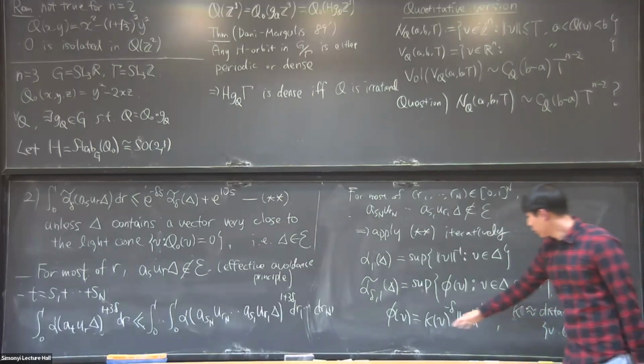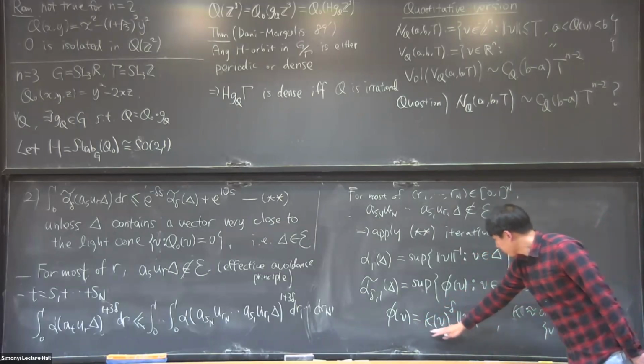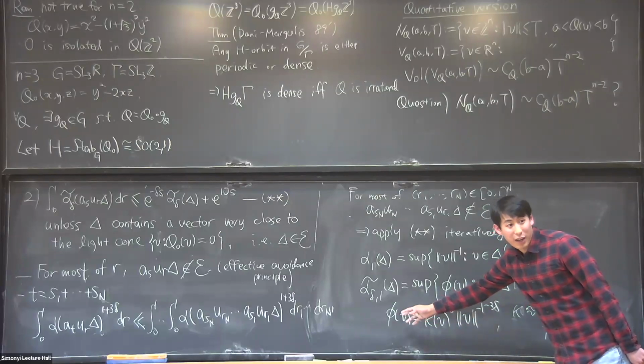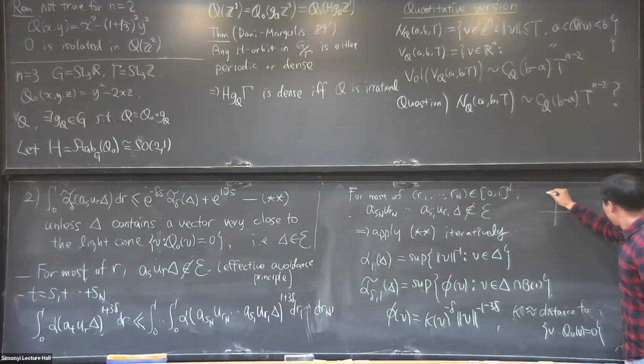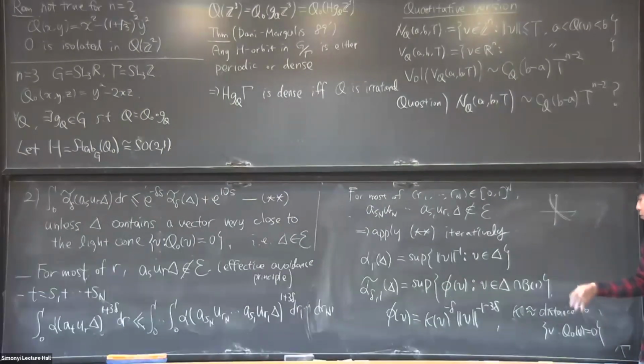First I prove the Margulis inequality for this modified local height function phi. Actually the original Margulis inequality fails when the vector v is very close to the light cone.